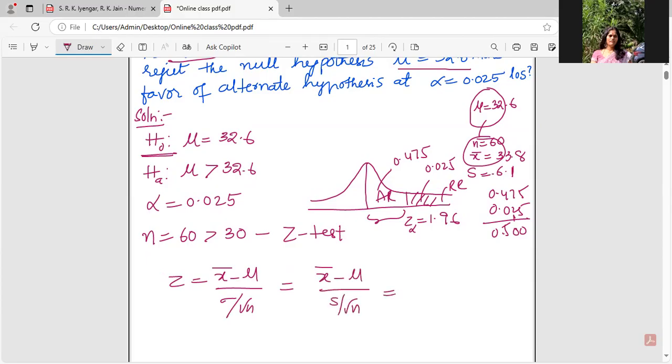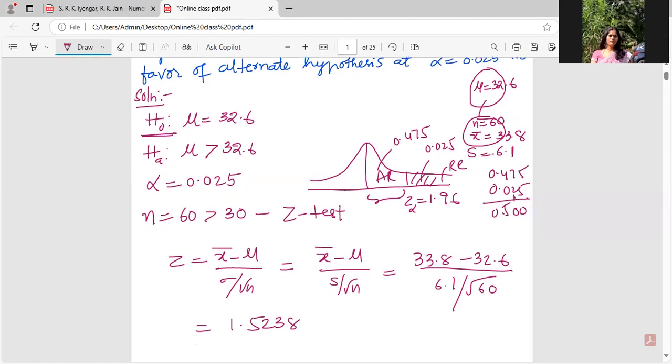X bar is 33.8, mu is 32.6, s is given as 6.1, and n is 60, so it is under root 60. What I'll get is 1.5238. You can calculate and check using a calculator.